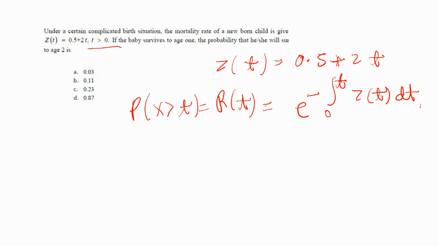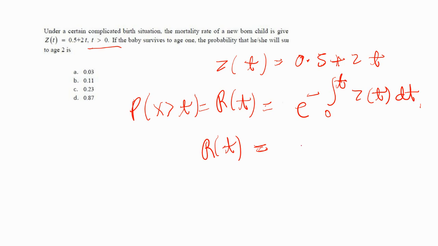So firstly we will find R of t. That means probability of x greater than t, because at last what we need to find is, if a baby survives to age 1, what is the probability that it will survive to age 2. That means if P of x greater than 1, what is the probability that x is greater than 2. So this type of question we did earlier. So now we will find R of t.